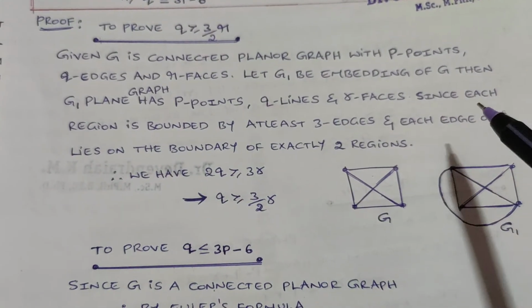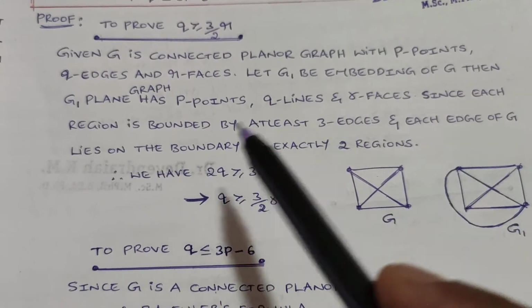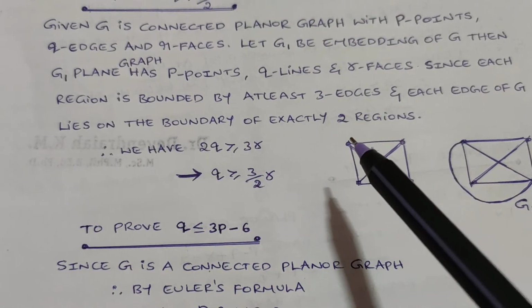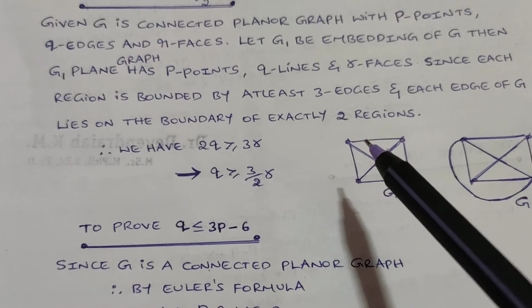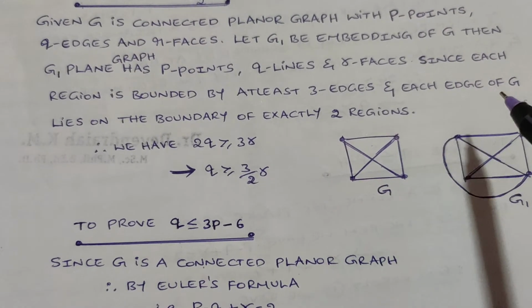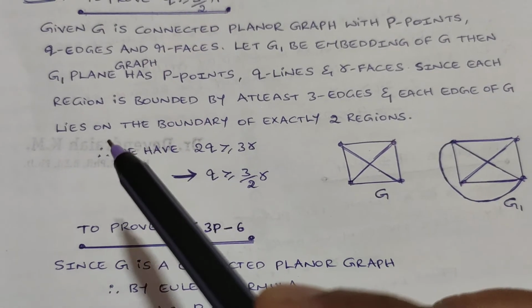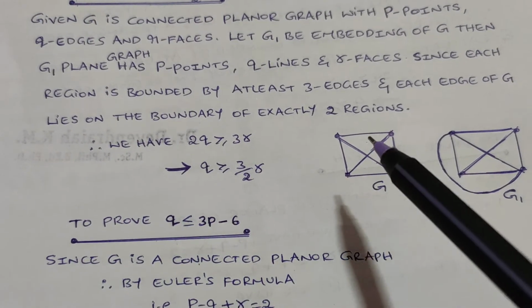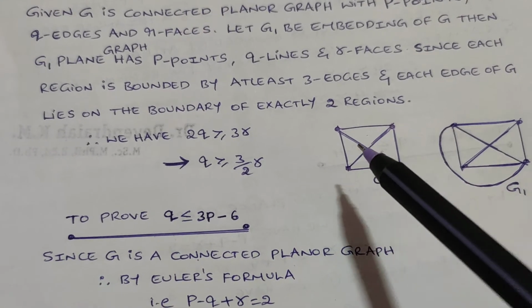The point to remember is that each region is bounded by at least 3 edges and each edge of G lies on the boundary of exactly 2 regions.